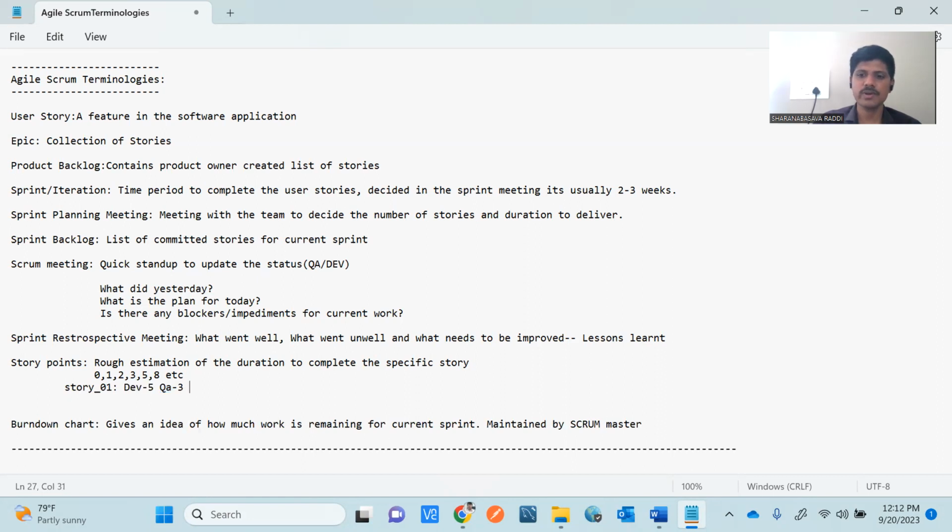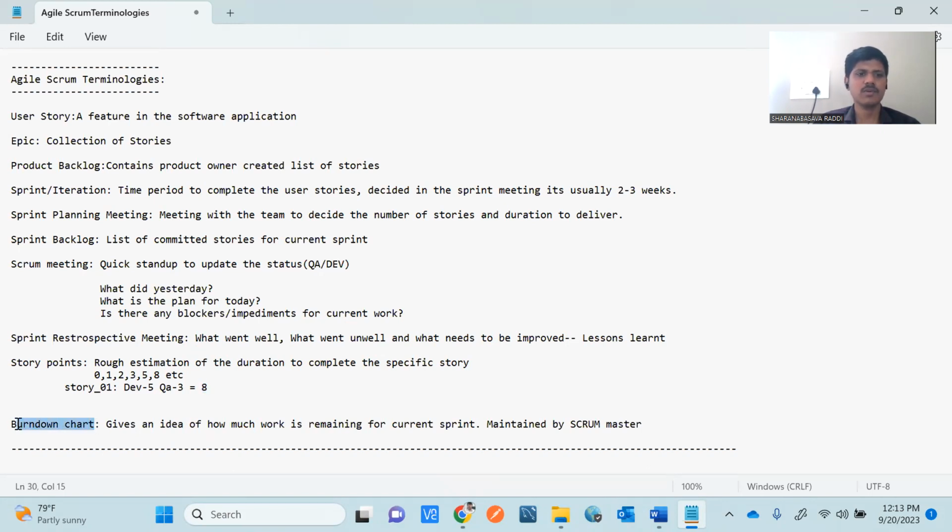So the total story points for this story is 8. We are going to complete story 1 within 8 days: 5 days for the dev team and 3 days for the QA team. That is story points. Generally one story point is equal to 1 day, so here 8 means we complete the work for story 1 in 8 days.